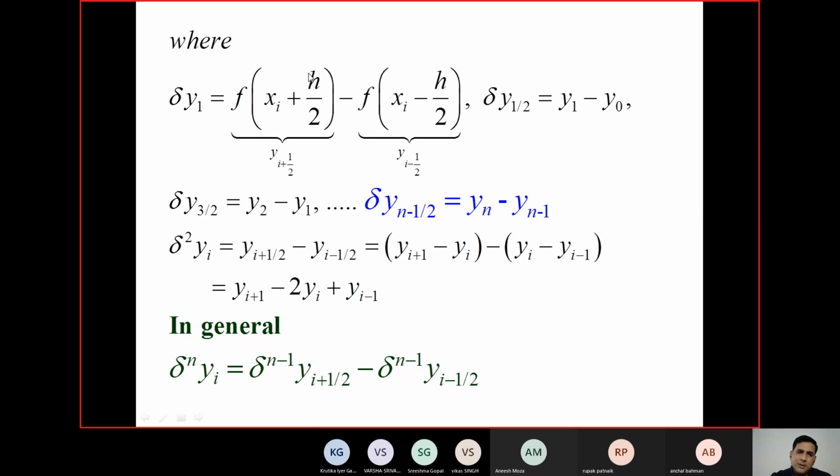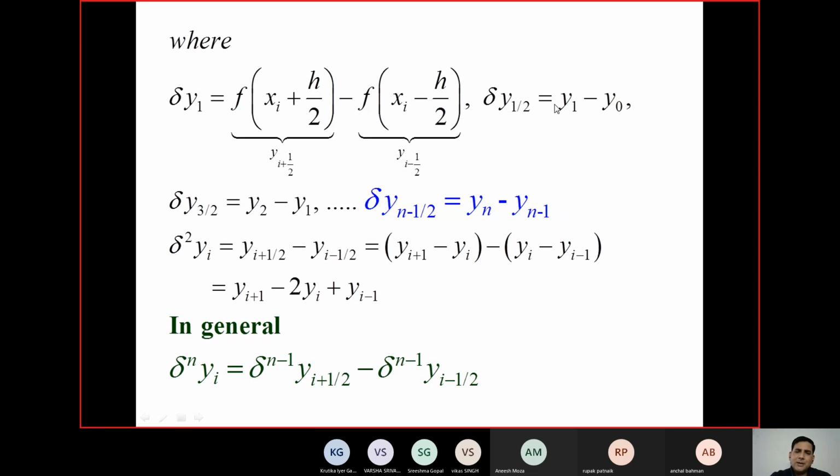So you have a point xi, and from there you go h by 2 to the right and h by 2 to the back, so that you are at the center. That's why these central difference tables are calculated.